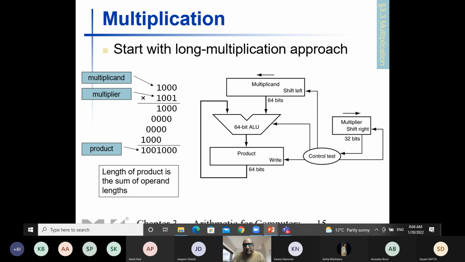Then how to use the adder for the purpose of subtraction. And using the subtraction operation, we can also perform the comparison, the set less than operation, and also the equality operation. So all of them we have seen in the last class.